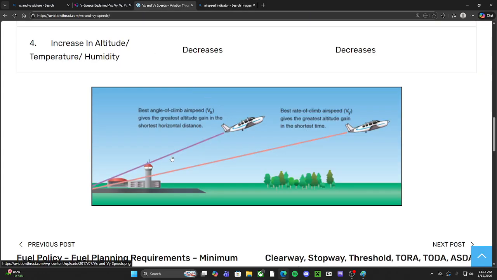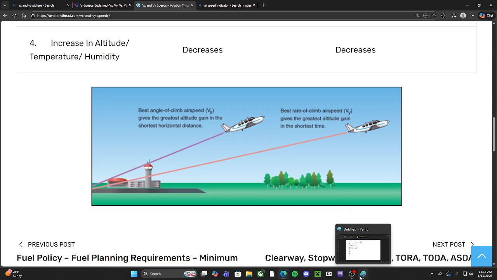Best angle of climb gives the greatest altitude gain in the shortest horizontal distance. Best rate of climb gives the greatest altitude gain in the shortest time. So typically what we do when we take off, we shoot for best angle of climb so that we can get above a 50-foot obstacle at the end of the runway. And then we transition to best rate of climb, just because we want to climb the most efficiently in the shortest amount of time.